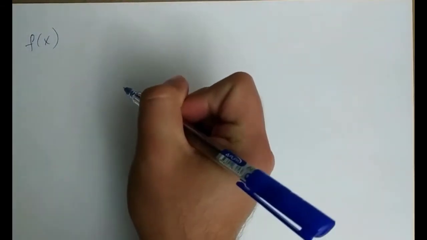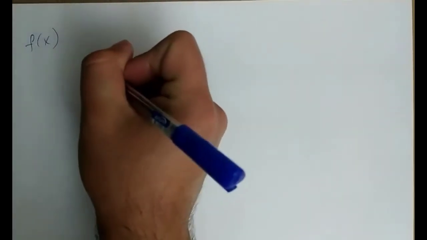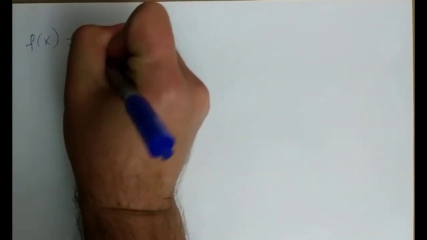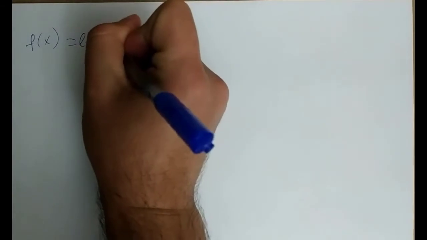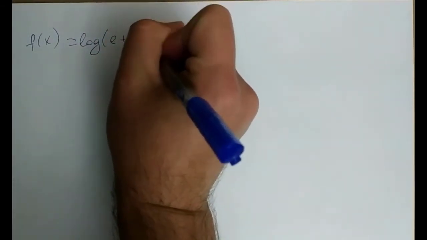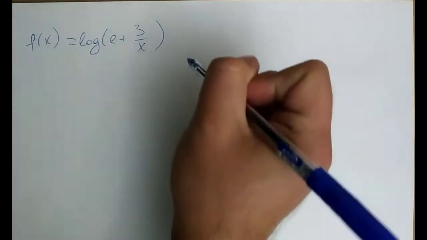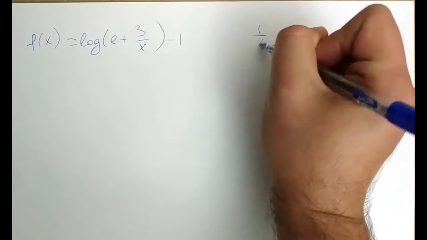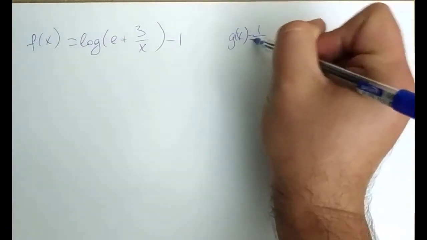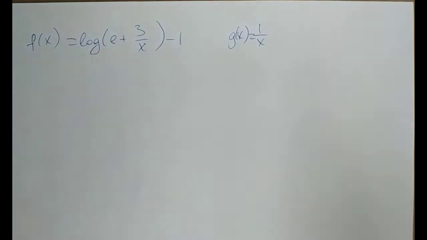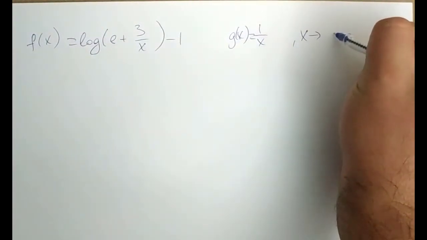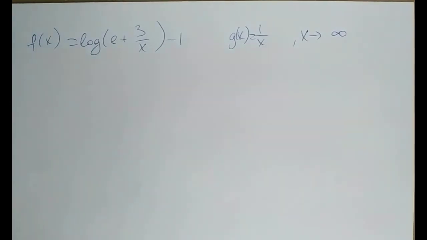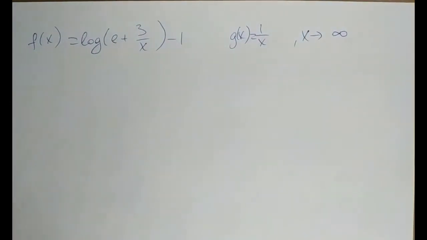It equals logarithm of e plus 3 over x, minus 1, with respect to the test function, 1 over x, this is g of x, as x tends to infinity. So, how to find the principal part of this function f of x?